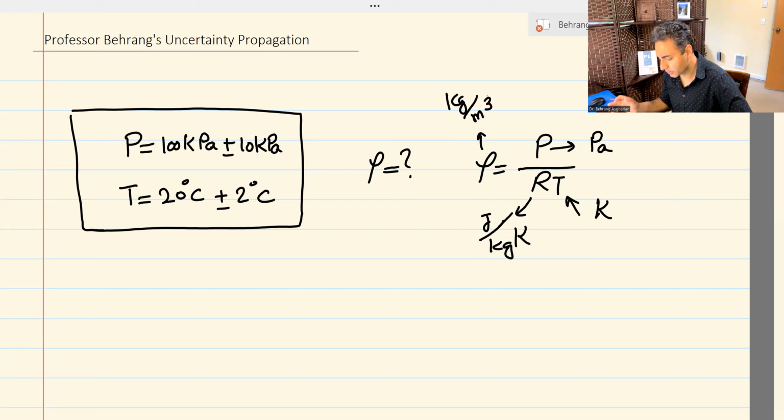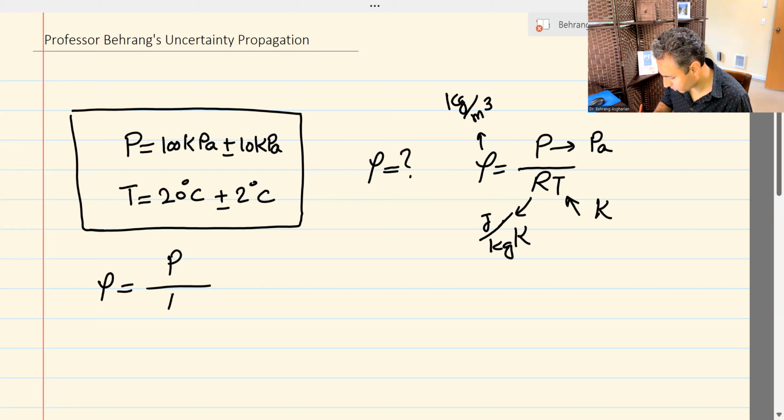And there is uncertainty. The question is, I can easily calculate the average value of density. If I calculate the average value of density, what do I get? Rho is P over RT. First, I have to make sure that these values are in basic SI units. Then pressure would be 100 times 10 to the third pascals.